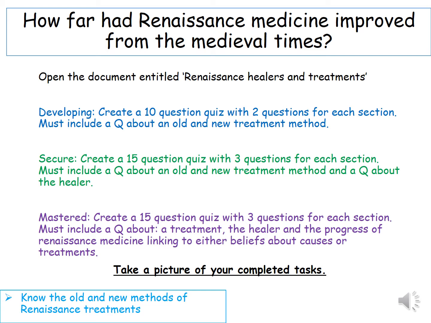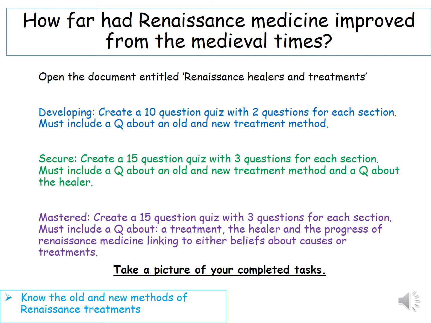You're going to have 3 questions for each section, and the third question is going to actually be about the healer. So what type of healer are they, or what type of education, if they've had any, a question about the actual healer themselves. And mastered, you're to create 15 questions as well.